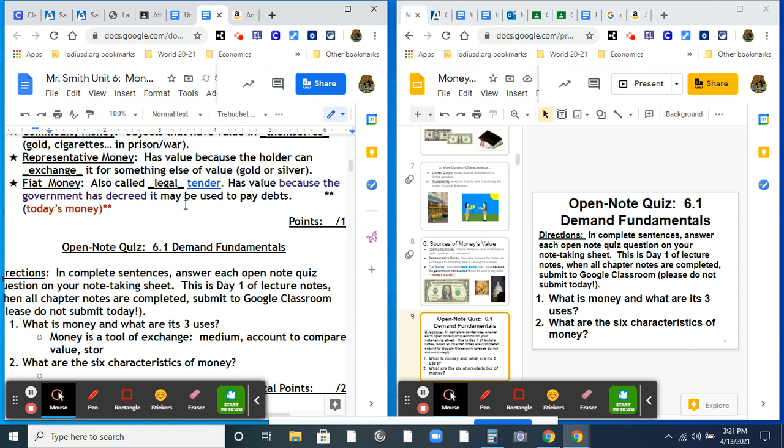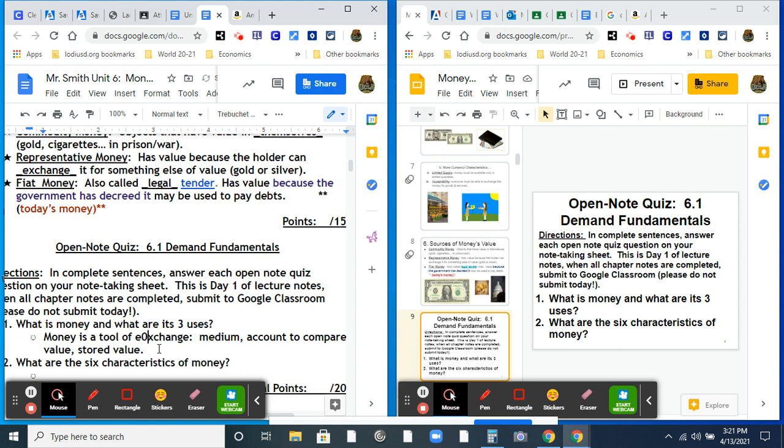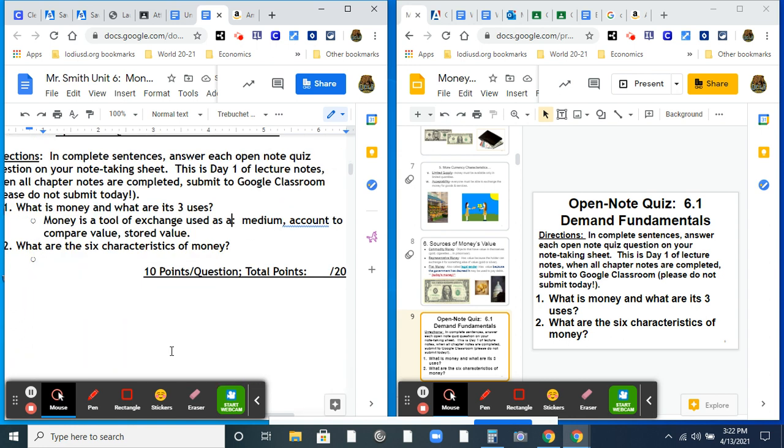Storage. So it's a tool of exchange. Let me clean that up. It's a tool of exchange used as a medium to compare value and stored value.